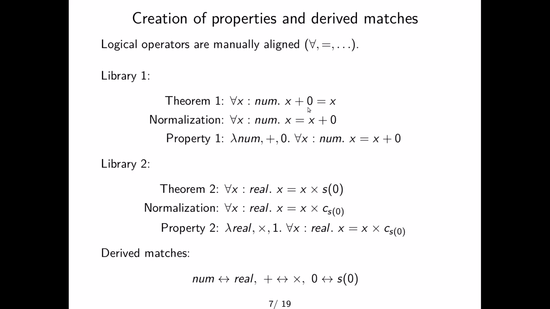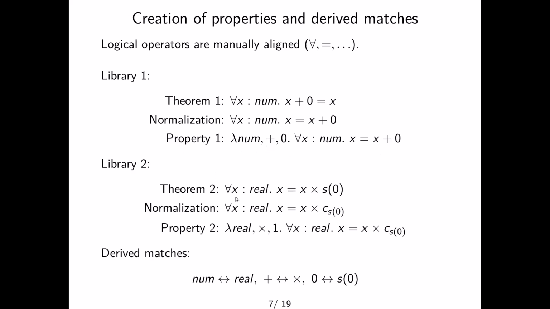The same for plus, but we didn't have to do it. So we recognize which operators are commutative and associative, and we do some normalization based on that. And the final step is to ignore the names of the constants and the types. So we abstract over the names of the types and the constants, and we just remember in which positions they appear. It's shown by a lambda here.